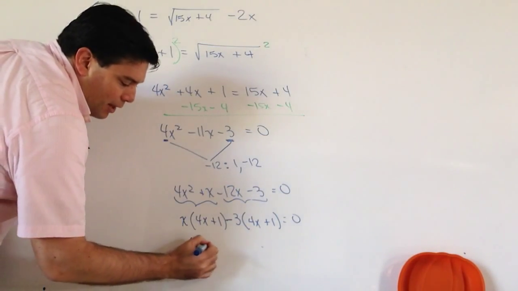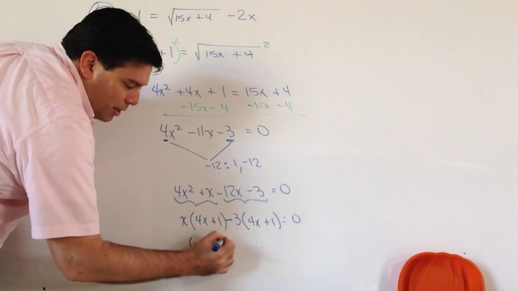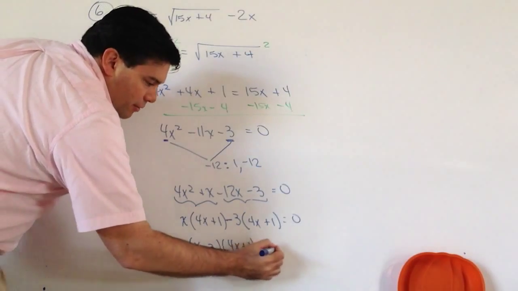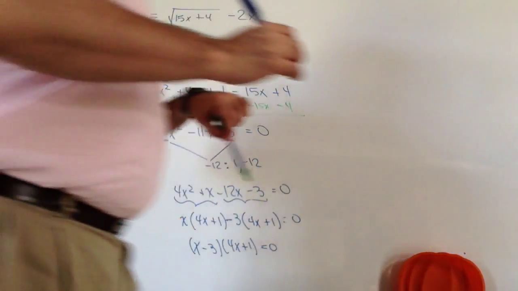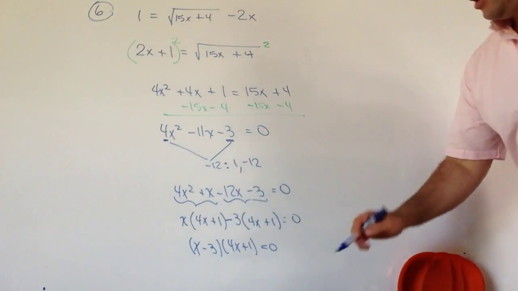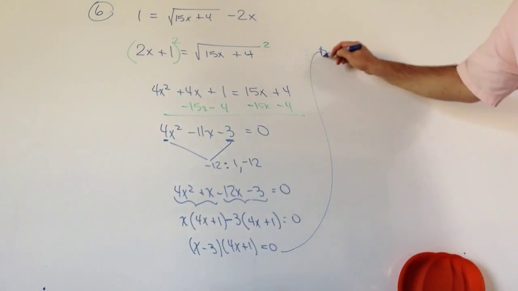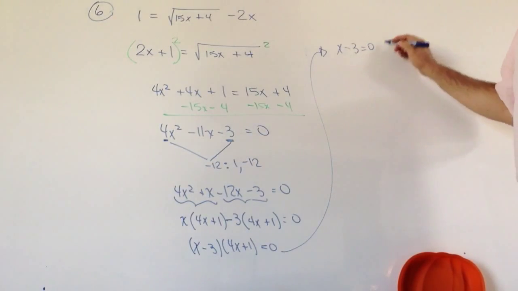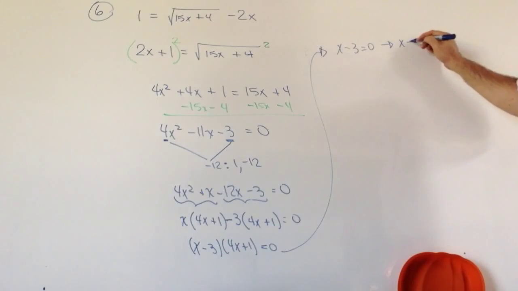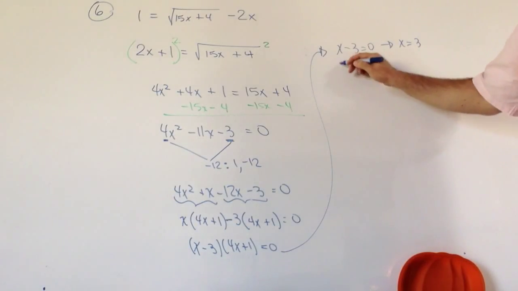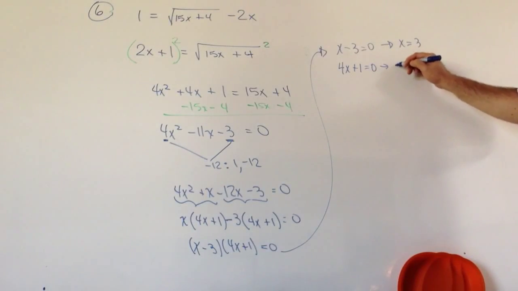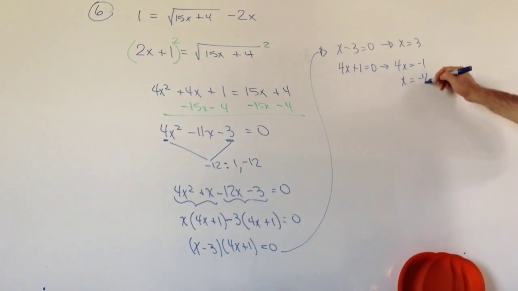So x minus 3 multiplies 4x plus 1, and that equals 0. That means that either x minus 3 is 0, so x is 3, or 4x plus 1 is 0, so 4x is negative 1 and x is negative 1/4.